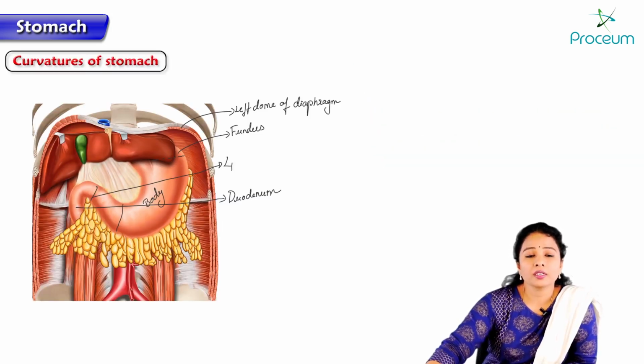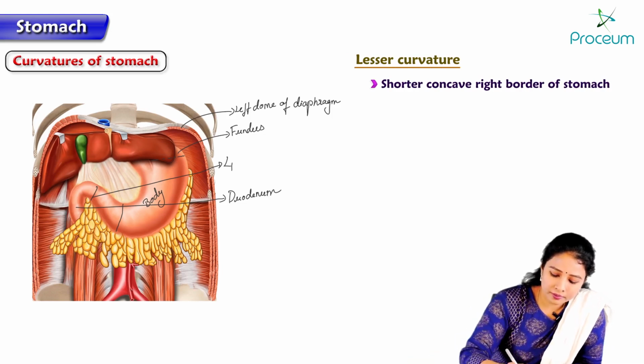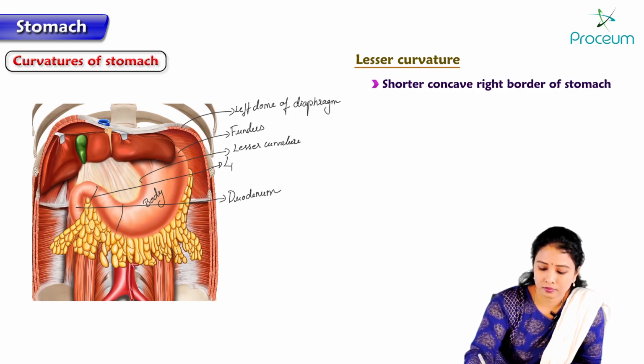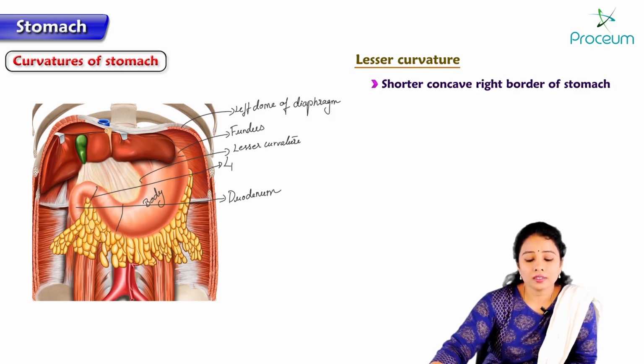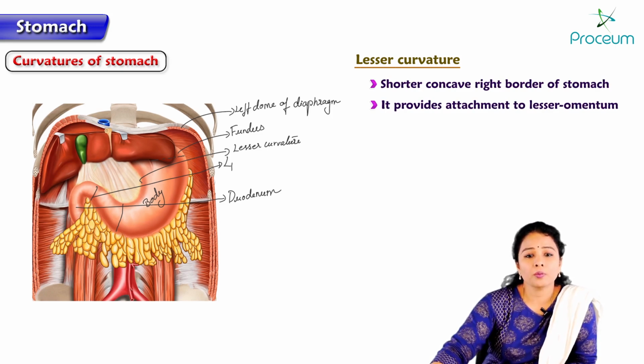Curvatures of the stomach. The lesser curvature is a short concave right curvature of the stomach, and it provides attachment to the lesser omentum.